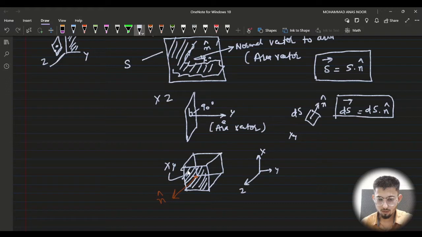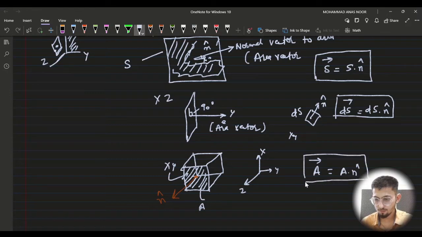Suppose the area is named A, and what would the A vector be? A into the normal vector. Now, can we define this unit vector in the negative z direction, like inside the cube?